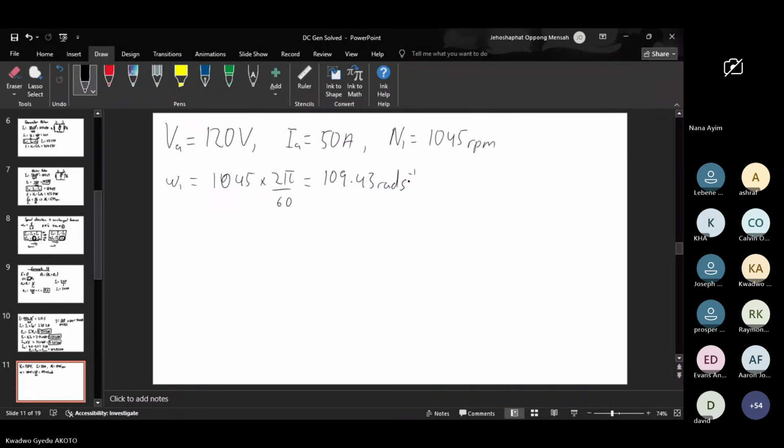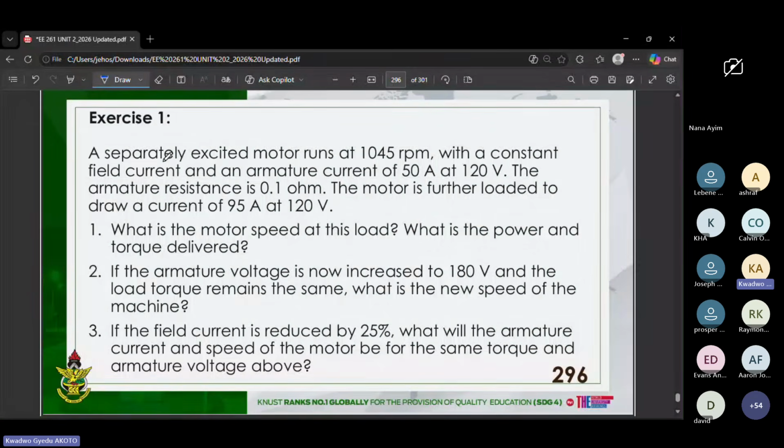And our RA is 0.1 ohms. It says a separately excited motor runs at 1045 RPM with a constant field current and an armature current of 50 amps at 120 volts. So that's our terminal voltage, we have our armature current, and we have our speed at these conditions.